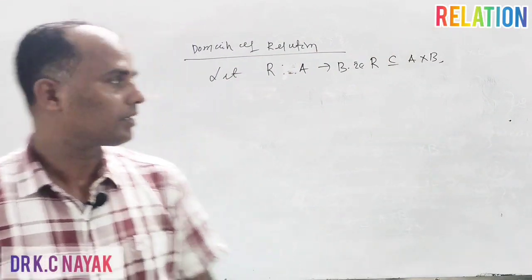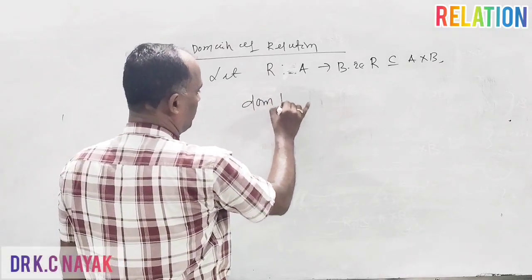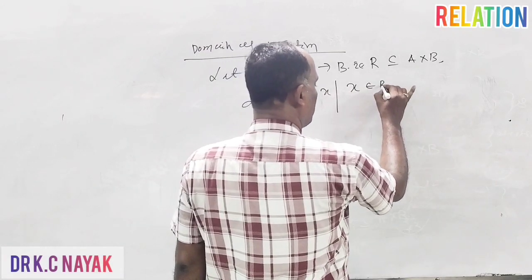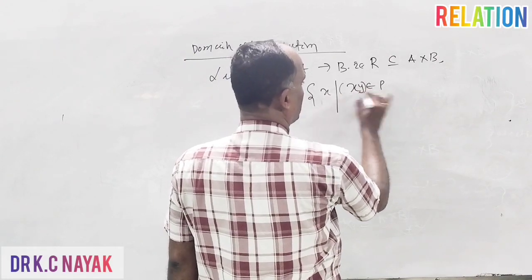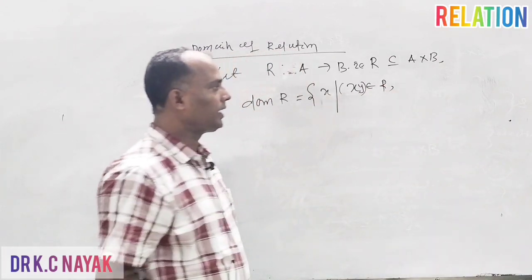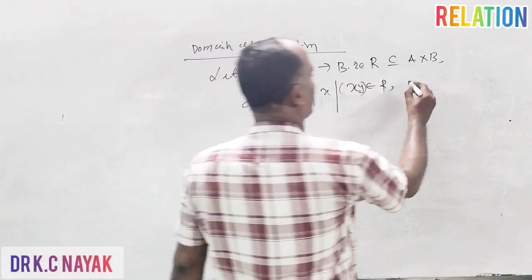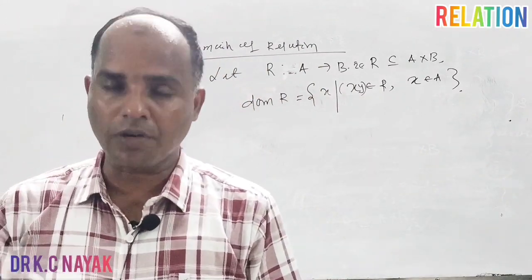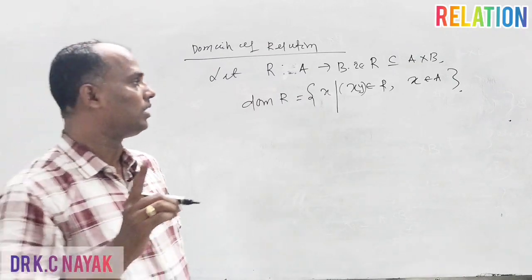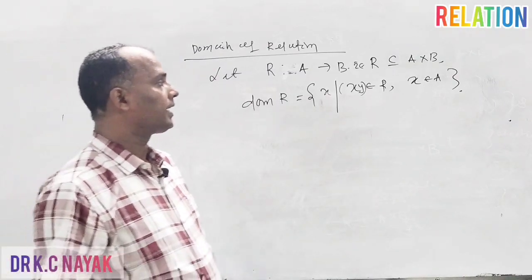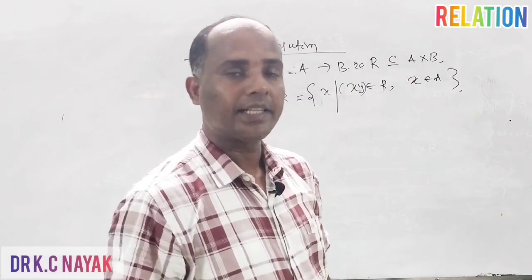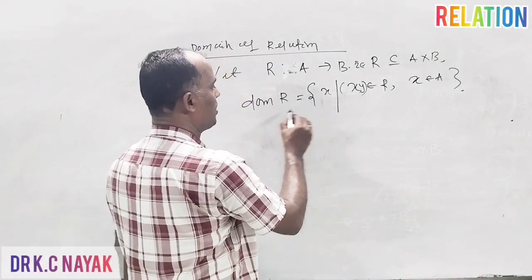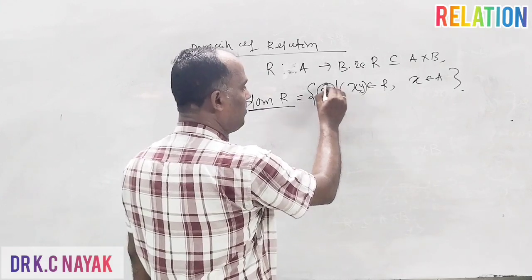That means R contains ordered pairs. So the domain of R is the set of all X such that (X, Y) belongs to R and X belongs to A. That means all elements of the ordered pairs which come from set A are represented as the domain of the relation.